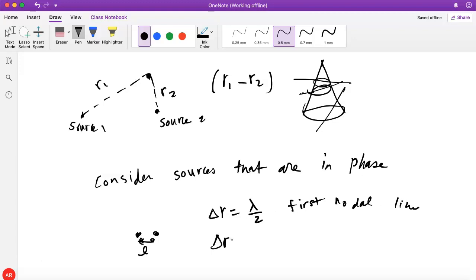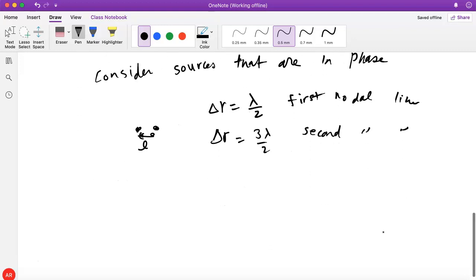The second would be delta R is lambda plus lambda over 2. This gives a phase difference of pi. The next one gives a phase difference of 3 pi, which is pi plus 2 pi, etc.